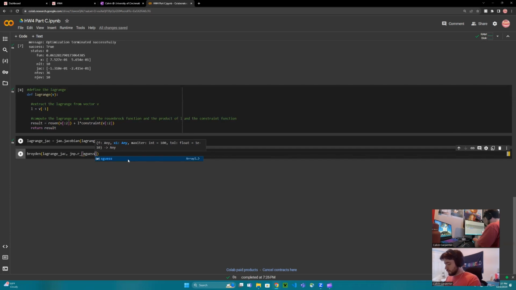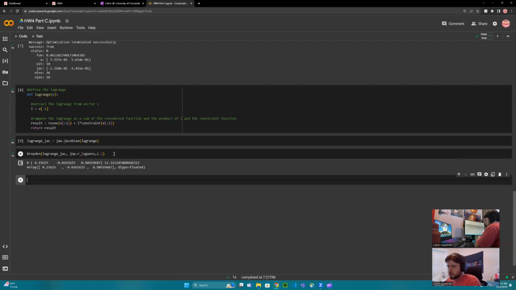Yes. 1. Okay. So this should run. And we do have a matrix, an array. This does not look right.